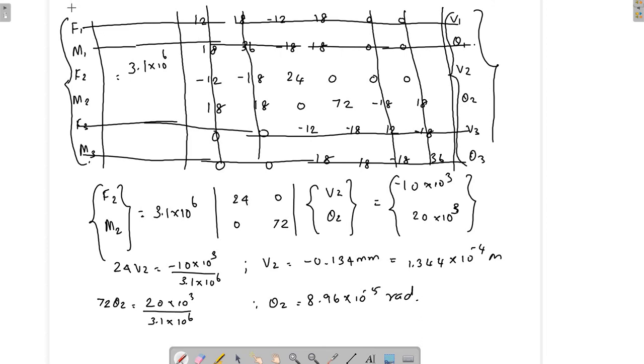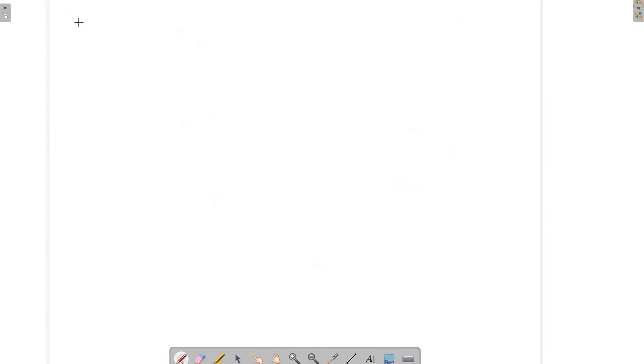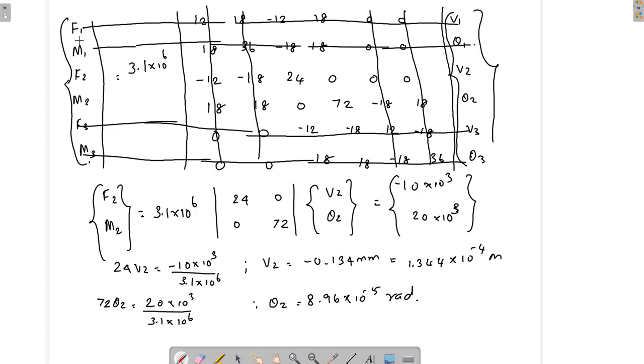So the question has been asked to find out the forces and the moments. From the overall matrix format, F1, M1, we can eliminate the V1 theta 1 term and the V3 theta 3 term. We can consider minus 12 V2 plus 18 theta 2, because V1 is 0, theta 1 is 0, V3 is 0, theta 3 is 0.